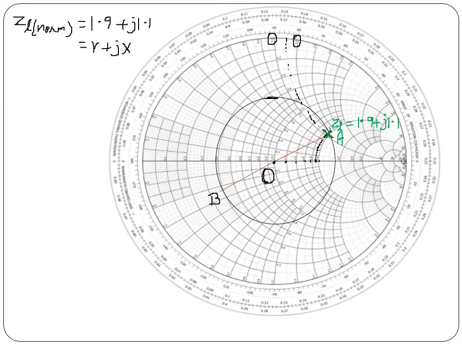The AB line intersects at point B, which is the admittance point on the Smith chart. This R circle coincides at the B point and this X circle coincides at the B point.